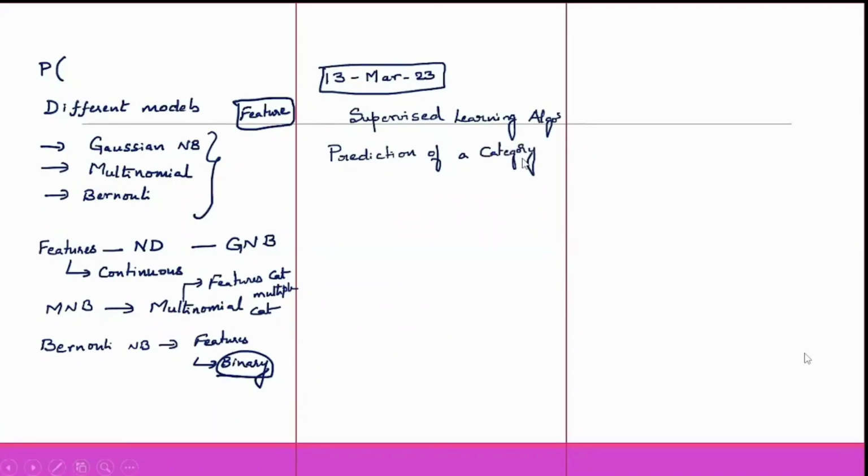What was that category? The category was whether a person will default or not default. So this is what was our objective, to predict whether the person will default or not default.